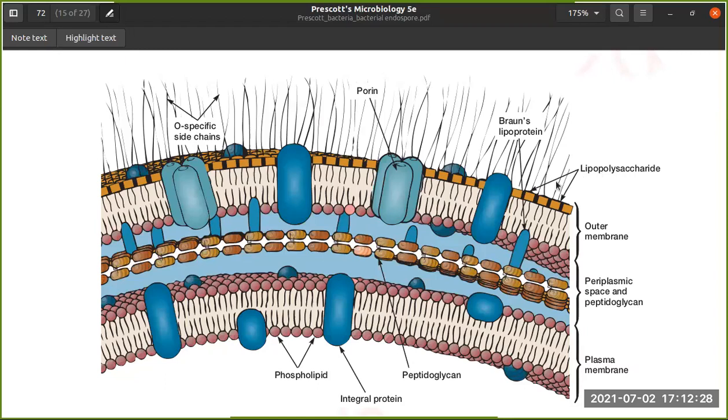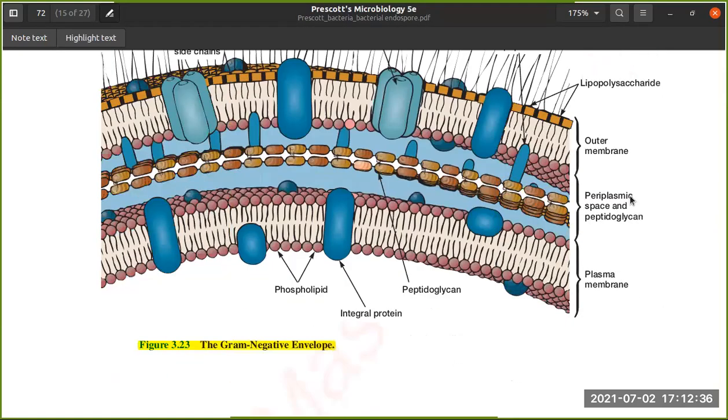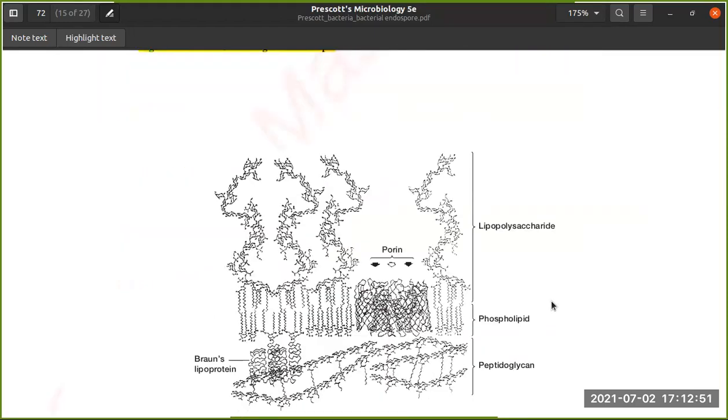Very important are the lipopolysaccharides or LPS. They are very important in causing antigenic reaction inside our bodies. Then you have the peptidoglycan layer over here, and inside you have the plasma membrane. This is the gram-negative envelope.